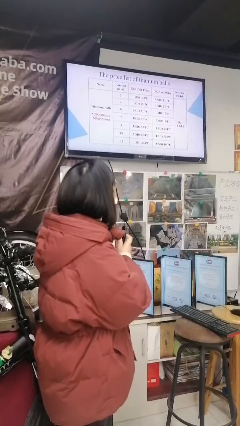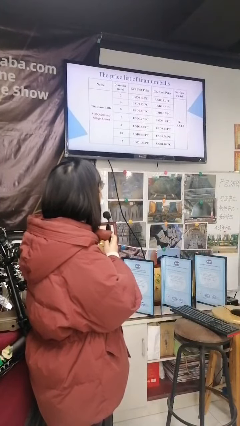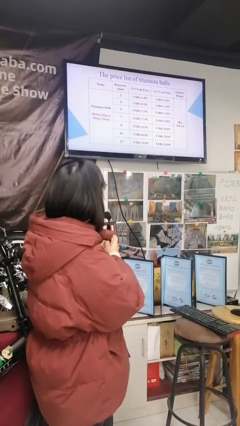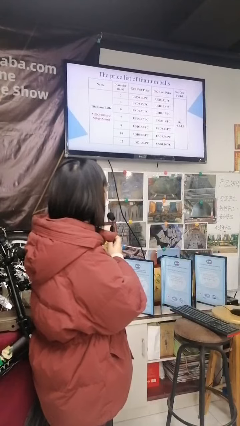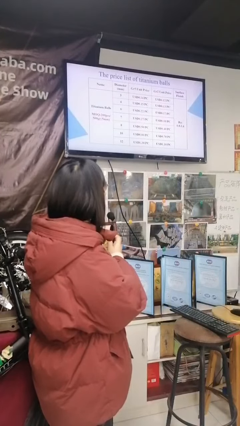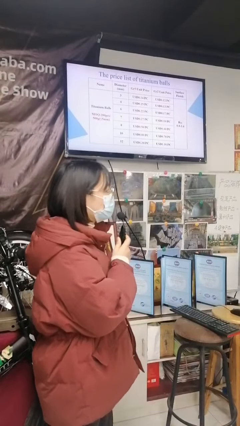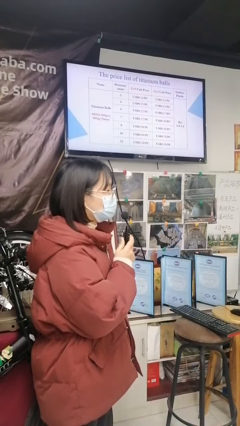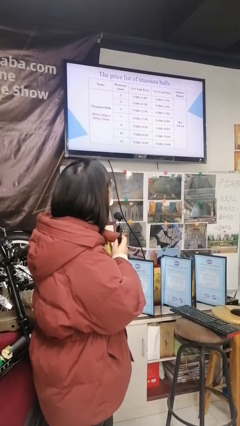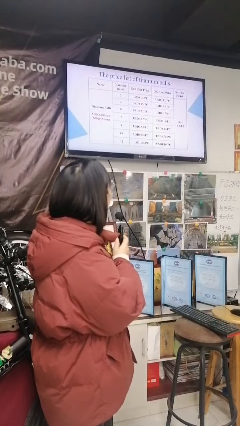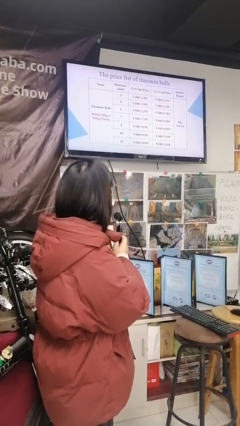And this is a price list of titanium boards. Its unit weight is 200 pieces per 500 grams, and its diameter is less than or equal to 5 millimeter. Its diameter is like 3, 4, 6, 7, 8, 10, 12 millimeter.